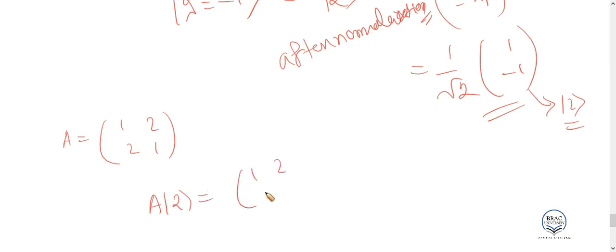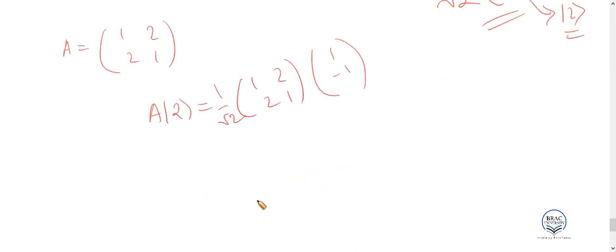So 1, 2, 2, 1, and this is a normalized eigenket, so let's take it as (1, -1), and you can just write the scalar in front, it doesn't matter.